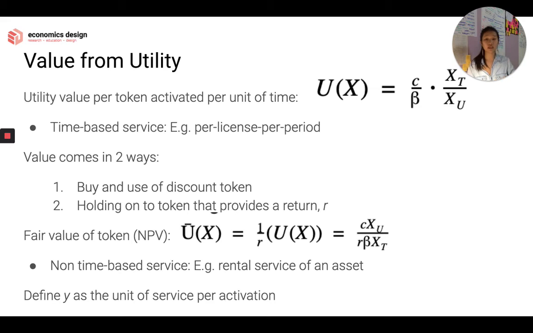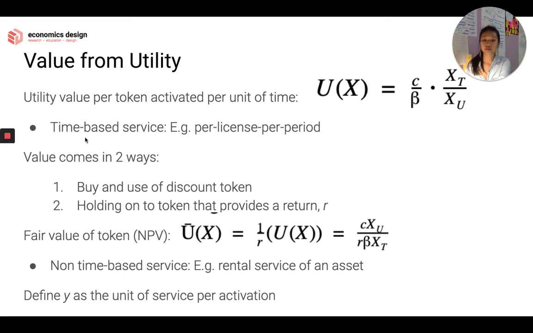If you read the lecture note, we talked about beta because we're just adding a new dimension to add variables, and we can create a more sophisticated model, such as getting operating revenue. So we're going to add a beta, which is more than 1, into your ecosystem. And then you have XT, which is your tokens activated, and XU is the total tokens being utilized in the ecosystem. So you have this function.